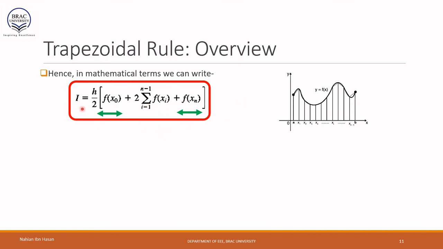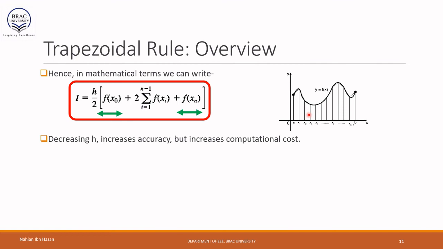So this is the final form, the numerical trapezoidal formula for finding the integration of tabulated data, a function, or an integration equation. Here, h denotes the width of each segment. If we increase the value of h, we are actually decreasing the accuracy.